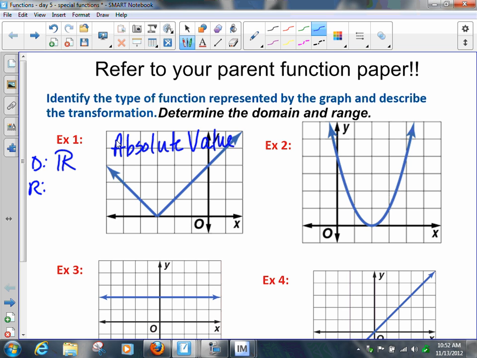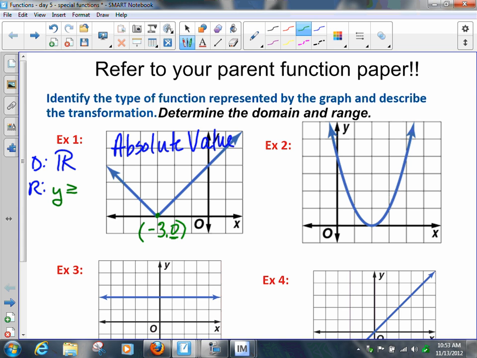But a range is a little bit different, because for this particular function, the vertex, for lack of a better word, is at what ordered pair? -3, 0. Now, range has to do with what values? The y's. So y is going to be what? Because we're going to write our range 3 different ways.